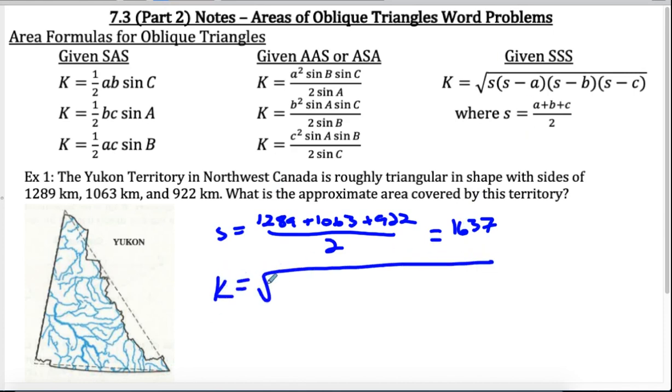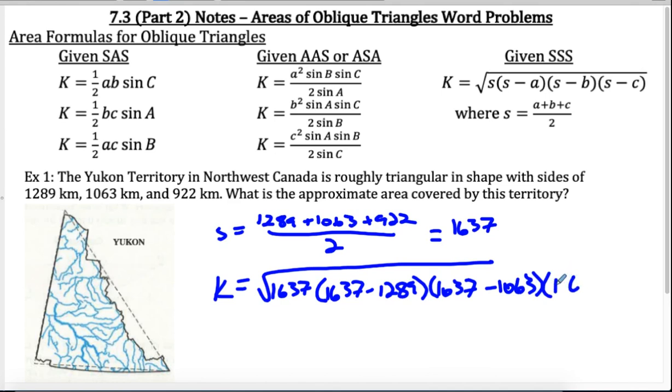So we'll have the square root of 1637 times 1637 minus 1289 times 1637 minus 1063 times 1637 minus 922.